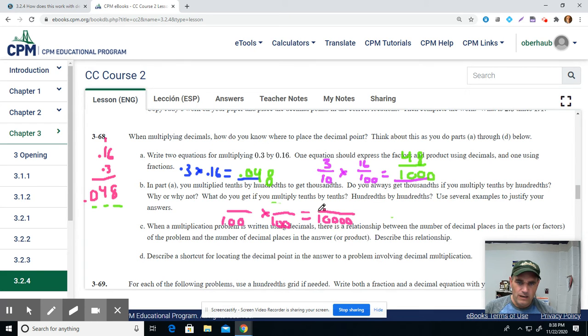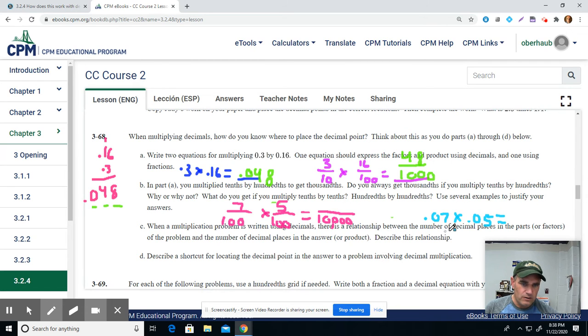So my answer would be ten-thousandths. Let's just say we have 7 hundredths times 5 hundredths. Well, as decimals, this is what it would look like. 7 hundredths is this, times 5 hundredths would be this. And if you multiply it, well, look what we've got.